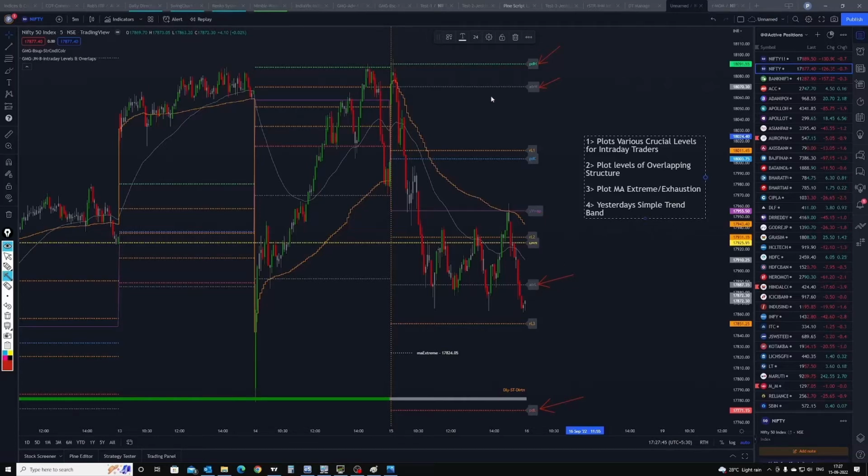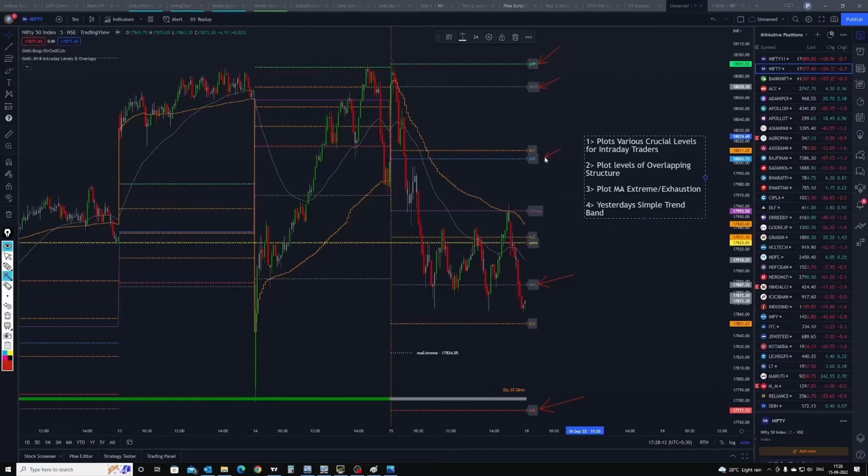So the intention behind ATR high and ATR low is that when the price is near ATR high, you avoid buying a stock, and when the price is near the ATR low, you avoid selling a stock. At both the levels, you can plan to exit the trade if you are already in a profitable trade. So this is the function of ATR high and ATR low.